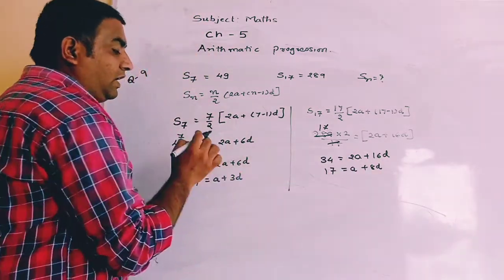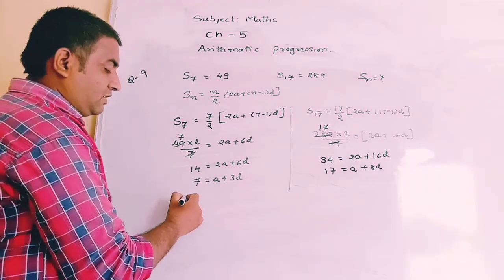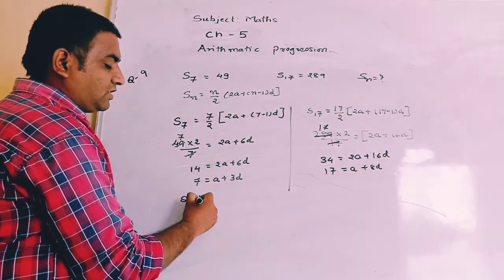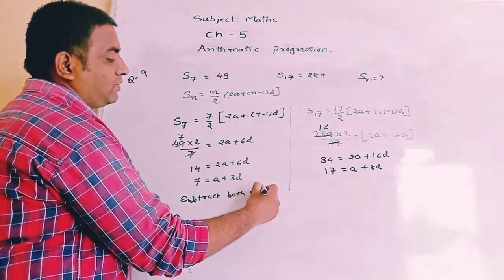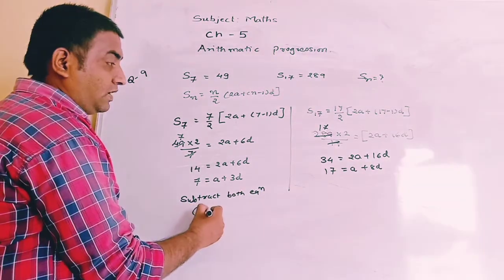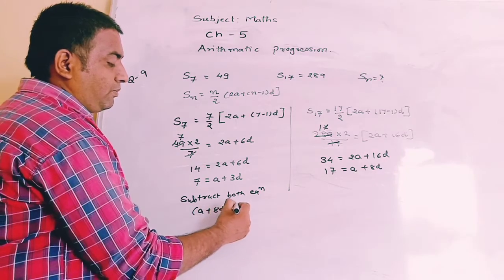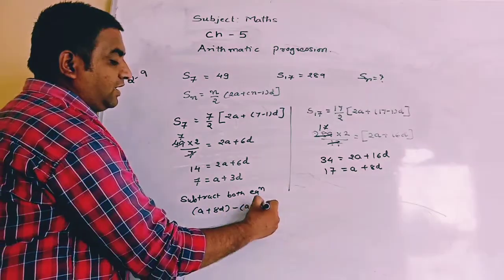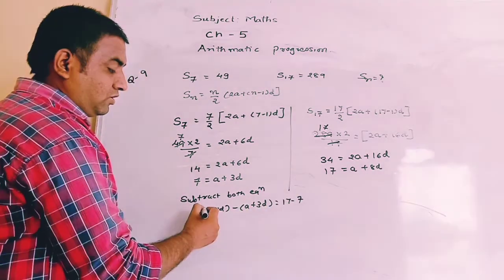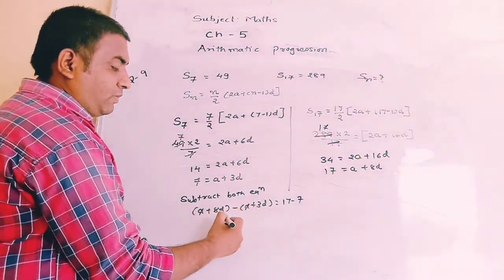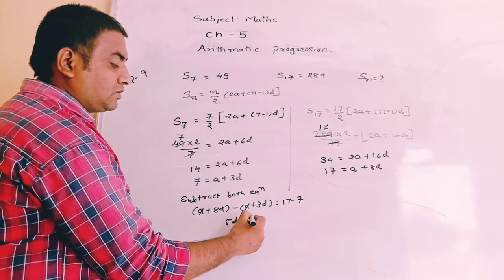To eliminate a we subtract, so subtract both the equations. Then we get (a plus 8d) minus (a plus 3d) equals 17 minus 7. So a cancels, 8d minus 3d is 5d, equals 10.